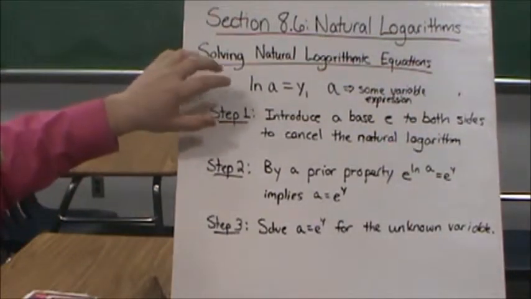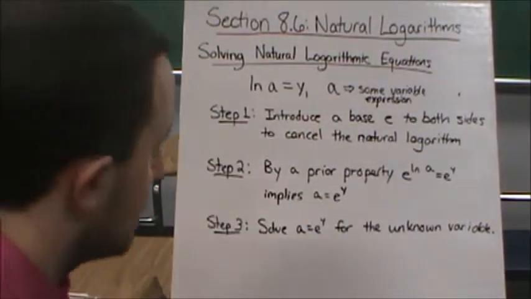Step 1 is you have to introduce the base e to both sides to cancel the natural logarithm part.